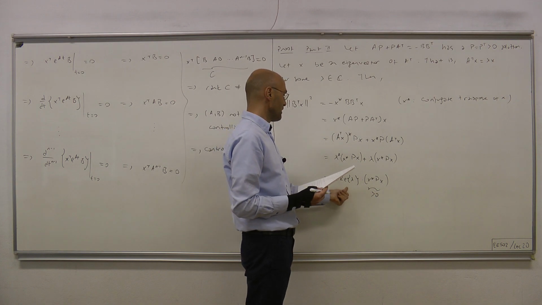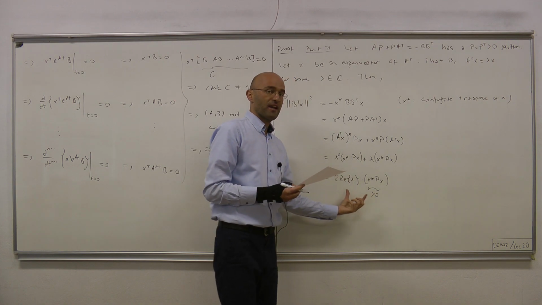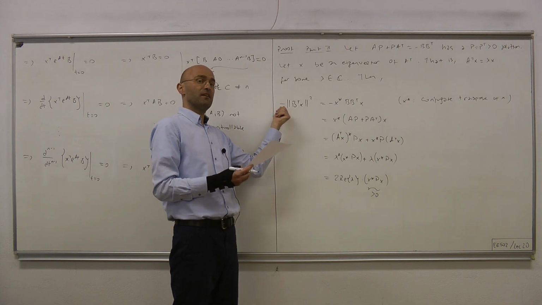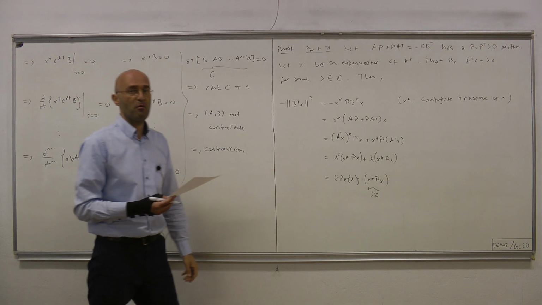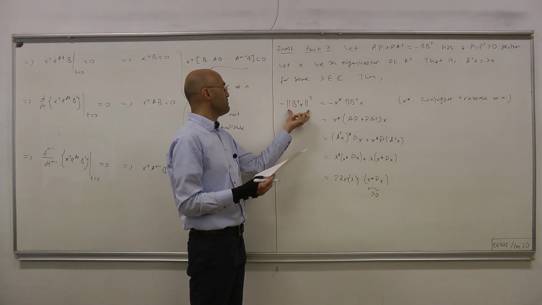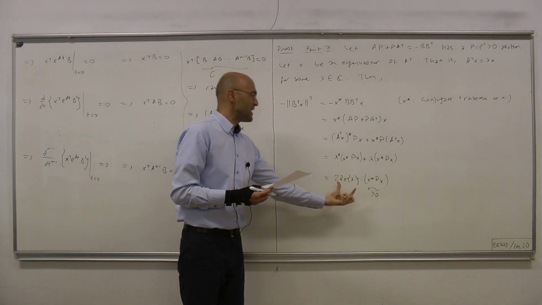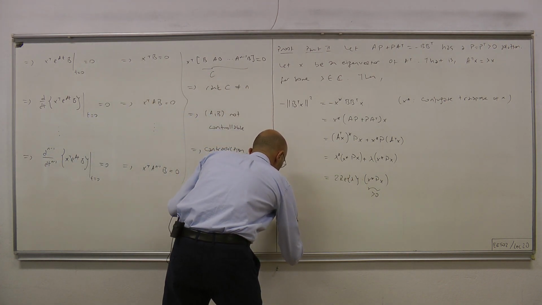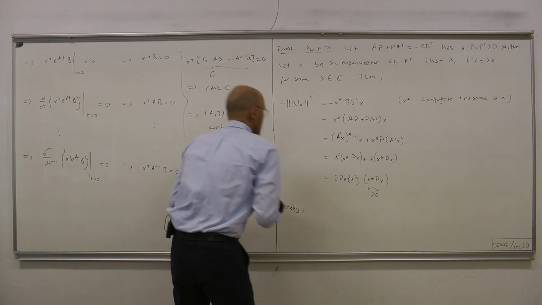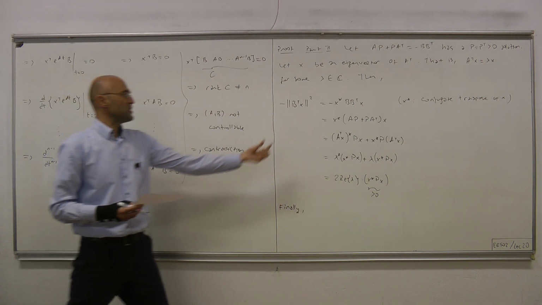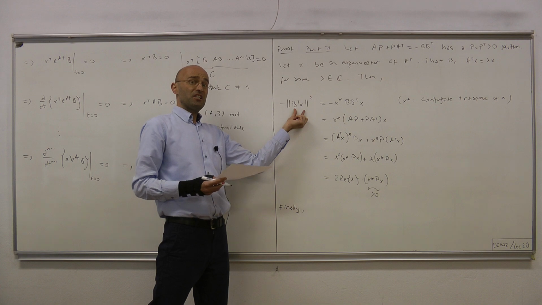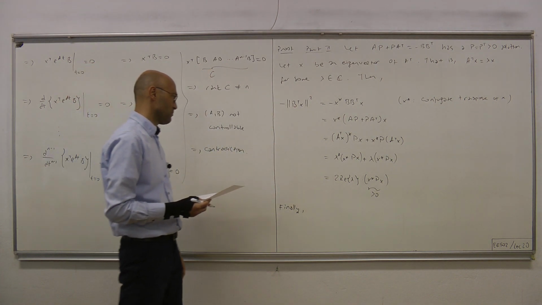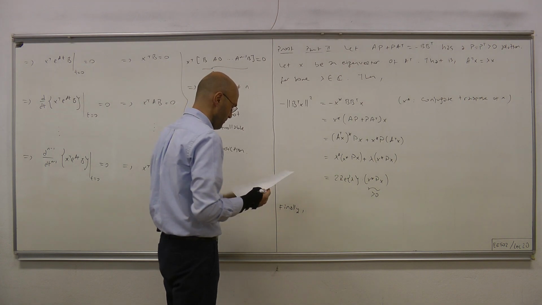Negative times positive gives us a negative, and here we have another minus one, negative. Therefore, multiplying both sides by -1 produces that the norm of B^T X squared is positive. That means B^T X is non-zero, and that means X cannot be in the null space of B transpose, and that was what we wanted to show.